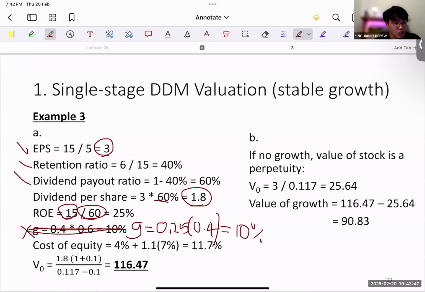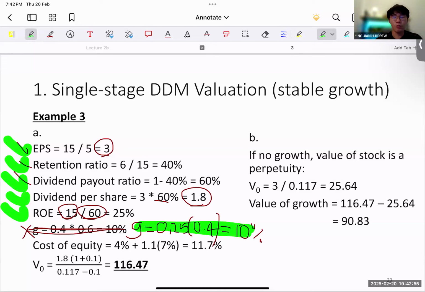So once we calculate G, this is the important part because you see how many steps you have to take in order to calculate G. So please take note that whenever you see a question giving you so many details on balance sheet numbers, try to think of the formula for sustainable growth rate. Okay, so once we calculate G, then that's the easy part already.